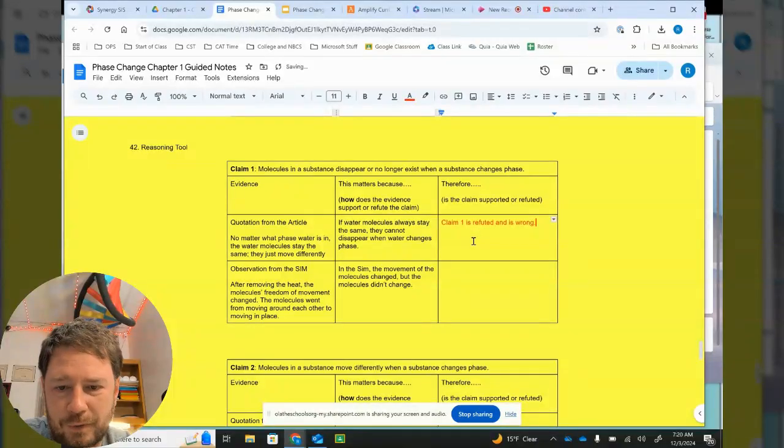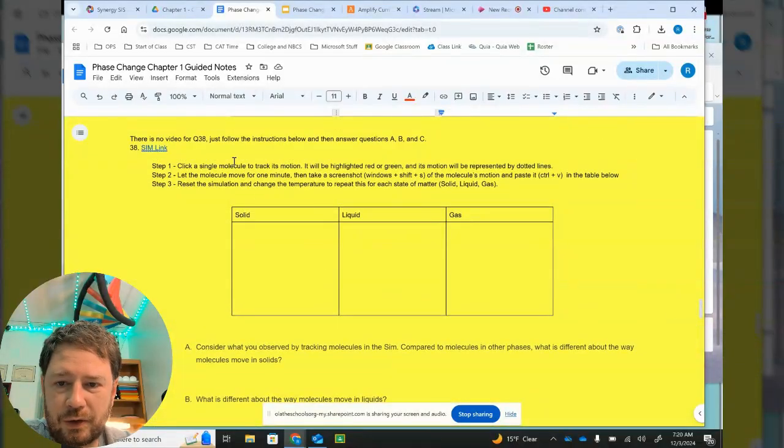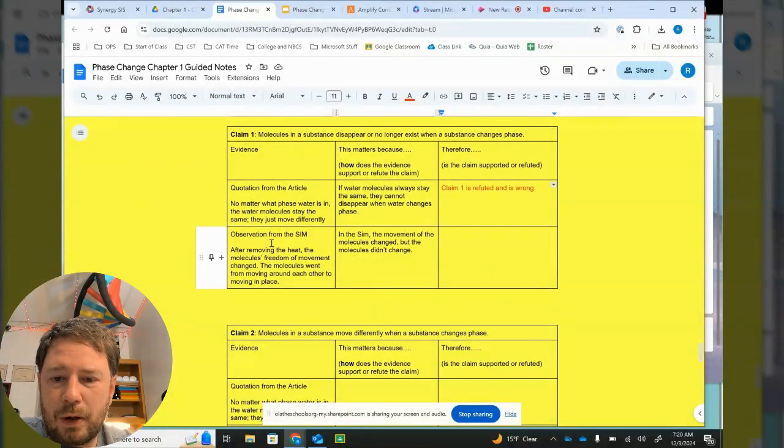Let's look at our observations from the sim. This kind of ties back to question 38, where you click on a single molecule and track its motion. When you're doing that, you see the molecule change its motion. After removing the heat, the molecule's freedom of movement changed. The molecules went from moving around each other to moving in place.